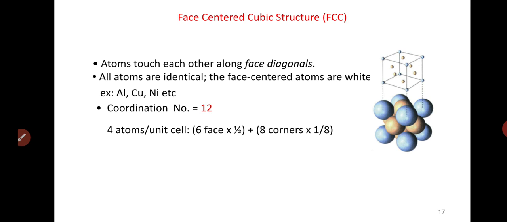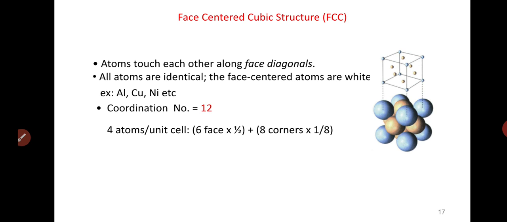So how many atoms in the unit cell can be calculated? Again, there are 8 corner atoms. If we multiply by 1 by 8, there is 1 atom due to 8 corner atoms. And the atom at the center of the face, half of the part is in this given cube and half of the part is in the neighboring cube.